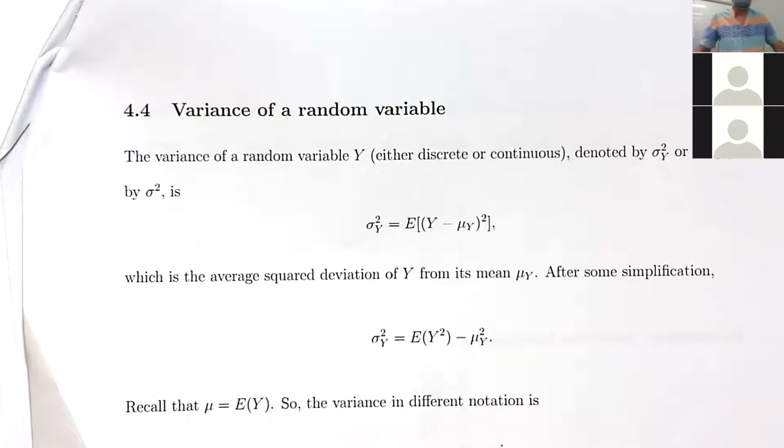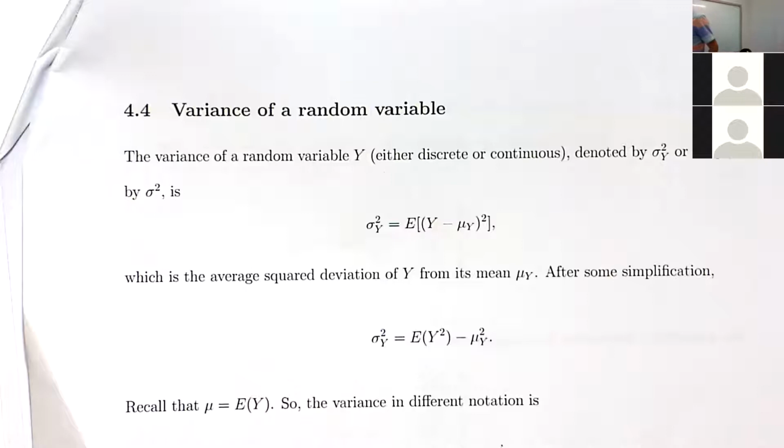We introduced some of them in the first week, but this week we'll mainly focus on the variance of a random variable and on the positive square root of the variance, which is, of course, the standard deviation.